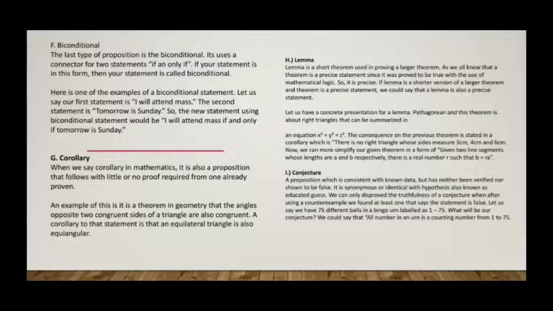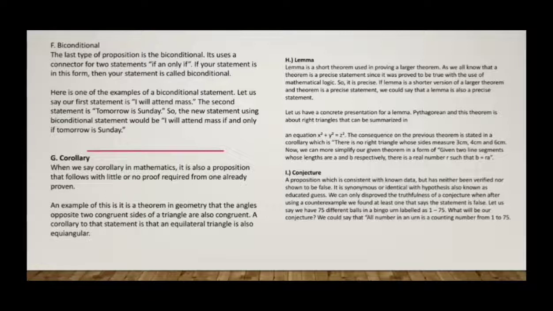Next is corollary, a proposition that follows with little or no proof required from one already proven. An example of this is a theorem in geometry that angles opposite two congruent sides of a triangle are also congruent.